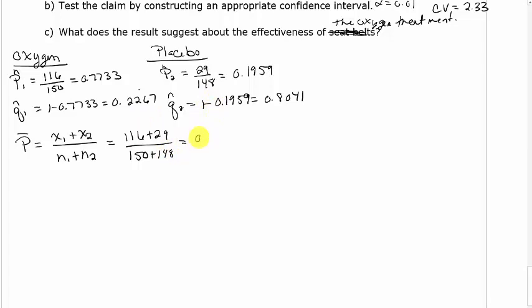And this gives us 0.4866. q bar is 1 minus 0.4866, and that gives us 0.5134.